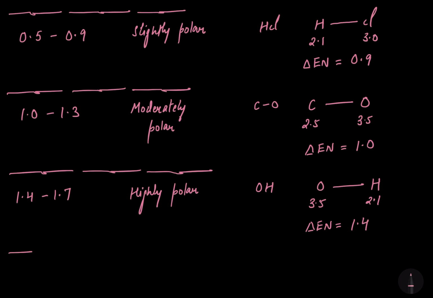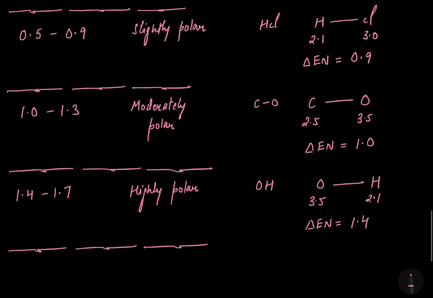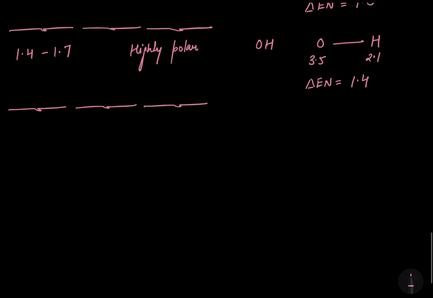Now let's come to the fifth case. If electronegativity difference is in the range of 1.8 to 2.2, then that bond will come under the ionic bond and it will be slightly ionic. For this, I am taking the example of hydrogen fluoride, HF.